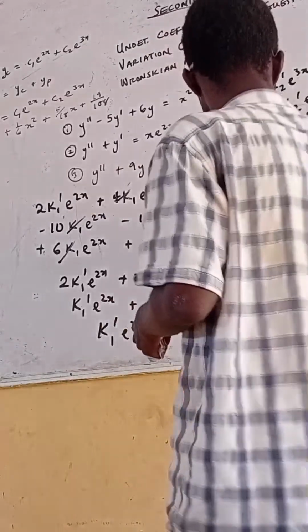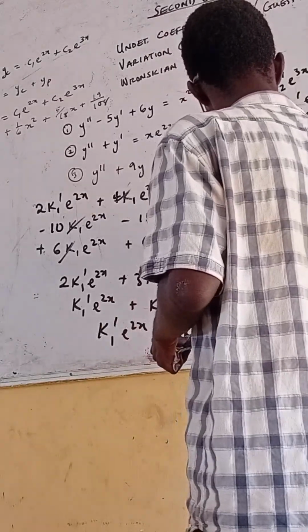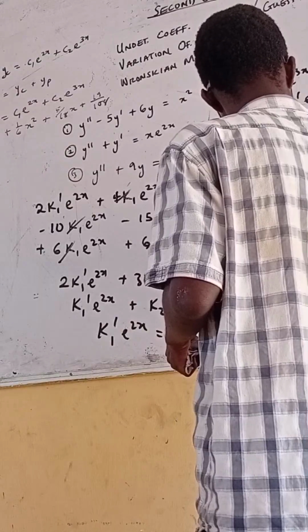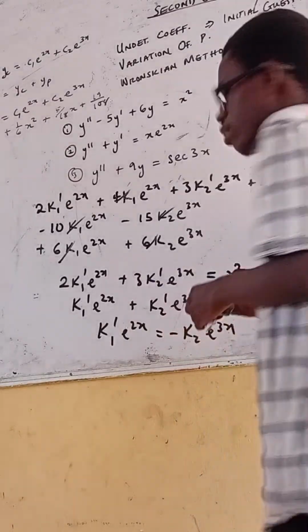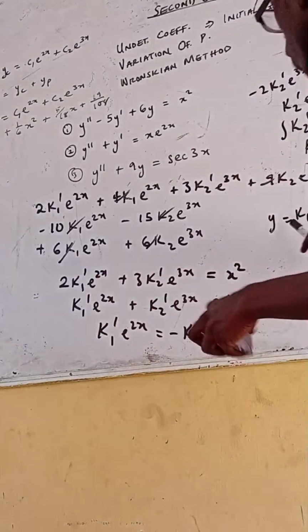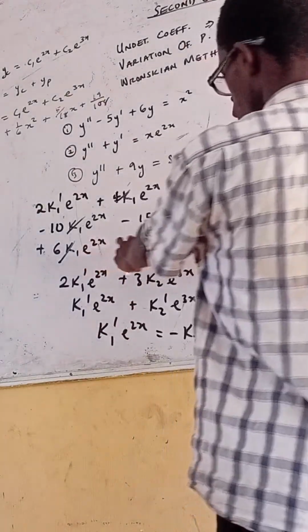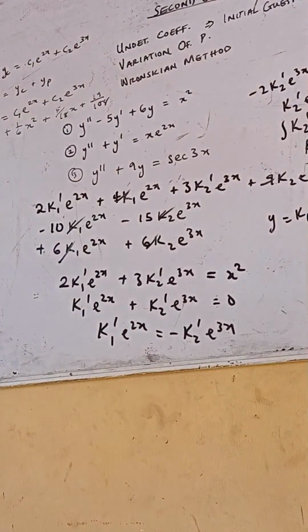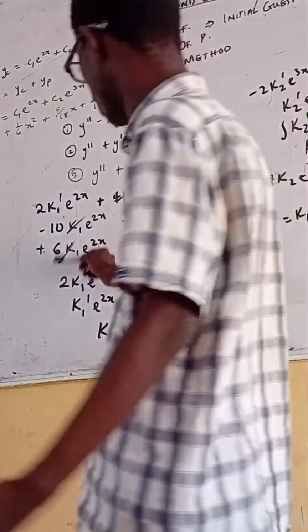Y is k1 e raised to power 2x plus k2 e raised to power 3x. So plus 6 of this y, that's plus 6k1 of this, plus 6k2 of this. Do you get? So we now started looking at it.